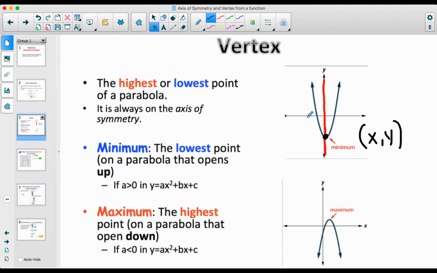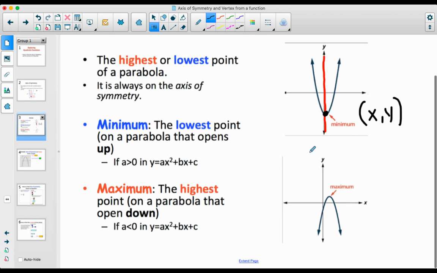In this example, our x would be 0 because we're not going to the right any spots or left any spots. And then your y value would be however many spots you're going down. In the second example, again, we have our axis of symmetry. If I were to draw a line right through the middle, your vertex is going to be the point that I'm drawing here, right here in black.